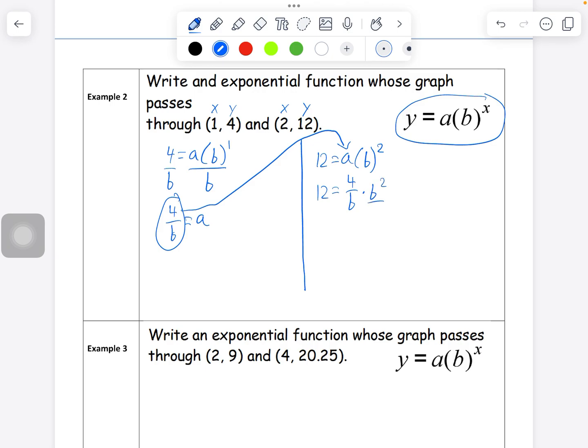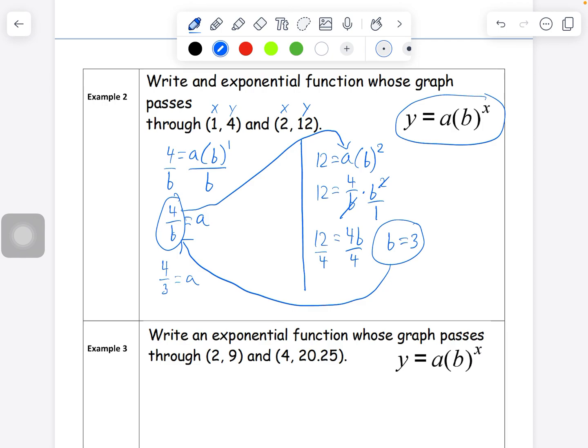There's a b on the bottom and we have b squared, so we can reduce one of the b's. So this becomes 12 equals 4 times b. Divide by 4, and we conclude that b equals 3. Then we swing that value back over here, and we get 4 over 3 is equal to a. And there we go, we solved for both variables.